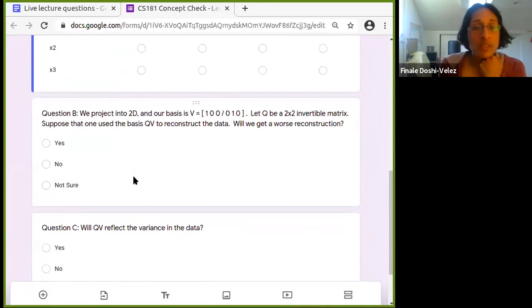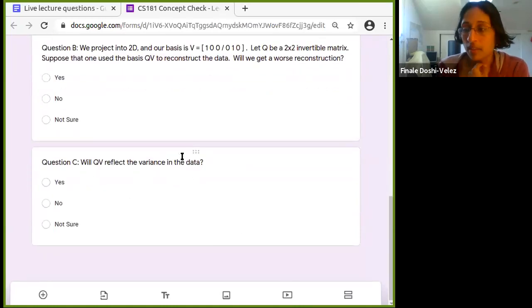Now we project into 2D, and so then we get a basis. And then let's talk about if we use an alternate basis to reconstruct the data, how will that affect the reconstruction? And how will that reflect the variance in the data? All right, so those are our concept questions.